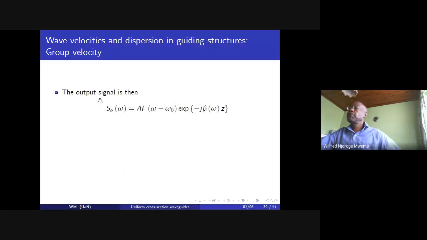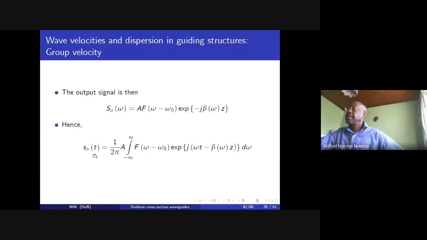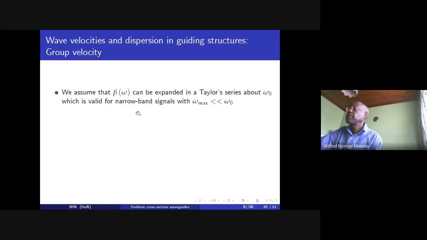So the output signal is then going to be given by S0(omega) equal to A multiplied by F(omega minus omega naught) multiplied by that value there. And hence the inverse Fourier transform for that output signal is going to be valid for narrowband signals with omega max much smaller than omega naught.